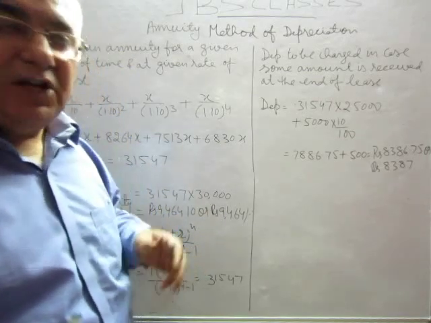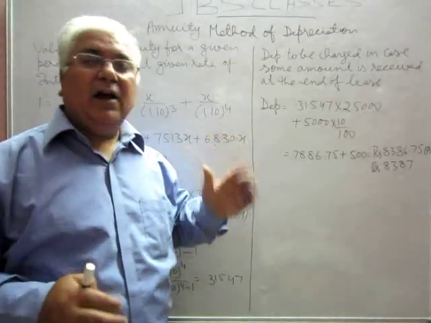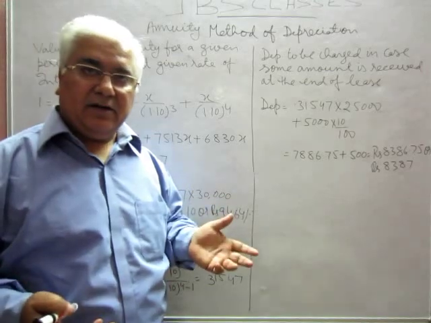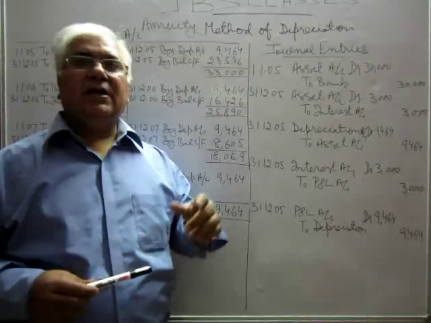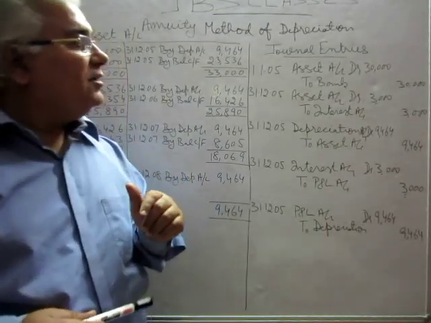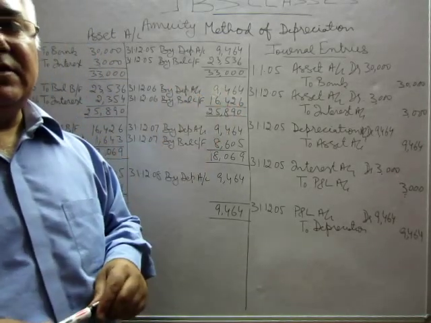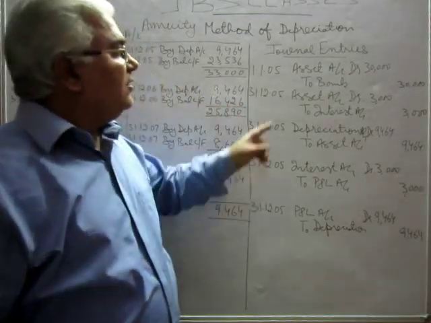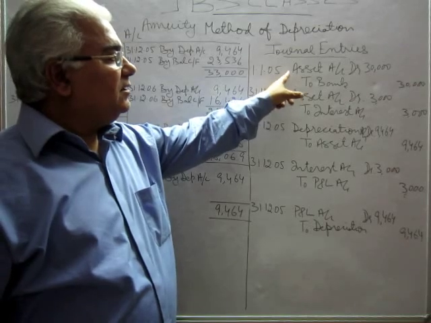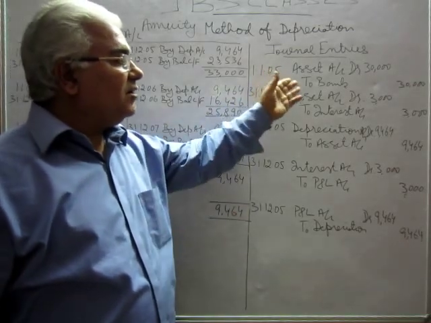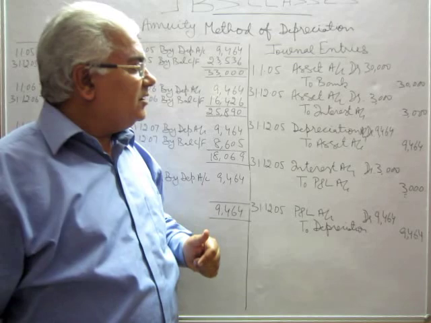Now I will explain to you the journal entries to be made in this method and how this account is written. First of all, when you buy the asset, the entry is passed like asset account debit to bank account.